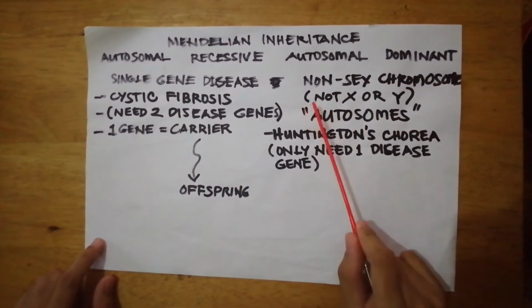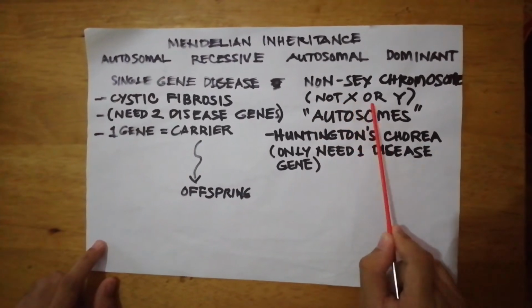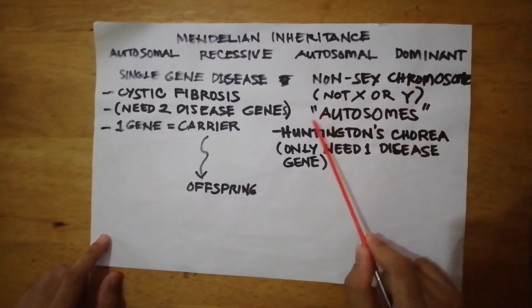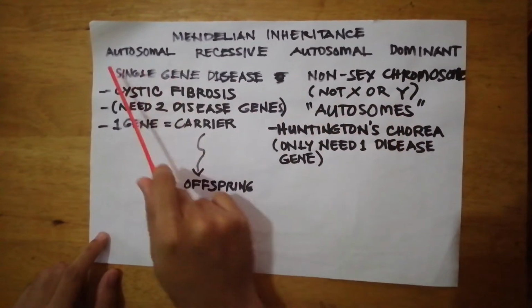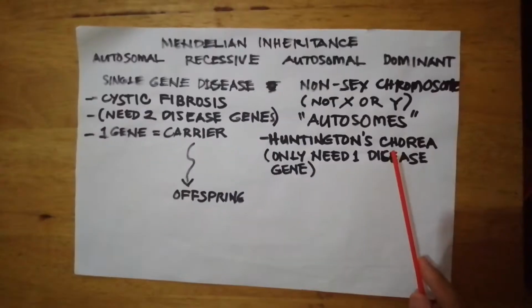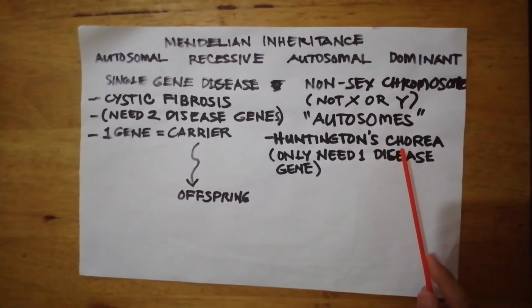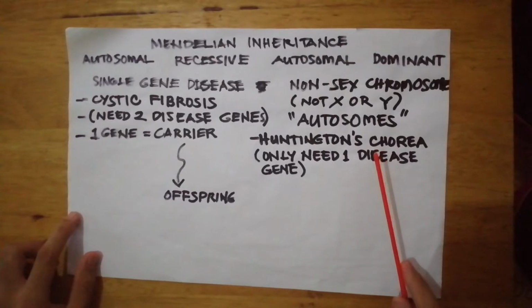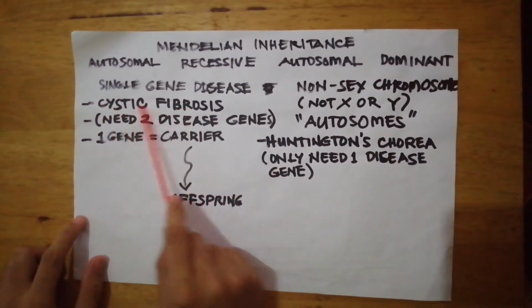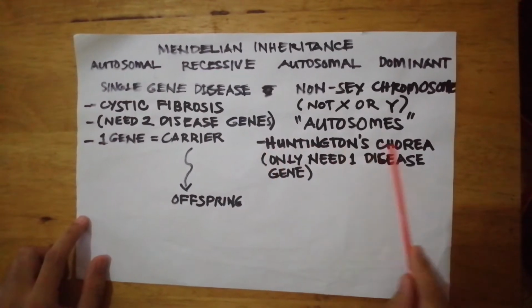These chromosomes are not X or Y chromosomes. So these non-sex chromosomes are also called autosomes. There are two examples of diseases caused by a single gene disorder that can be passed on. These are cystic fibrosis and Huntington's chorea.